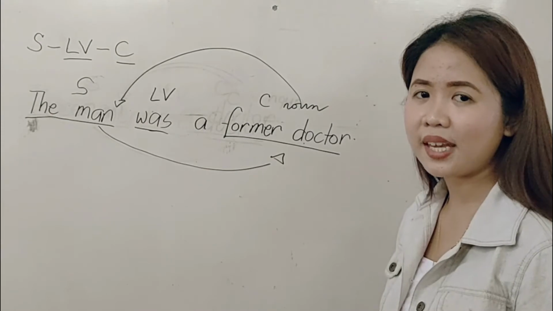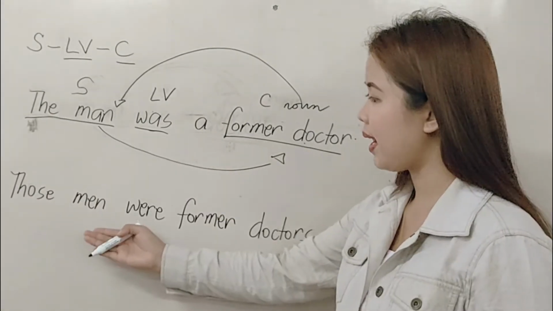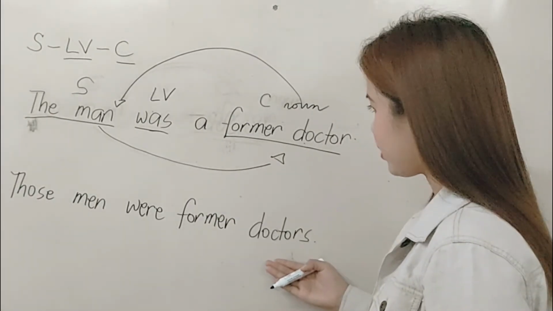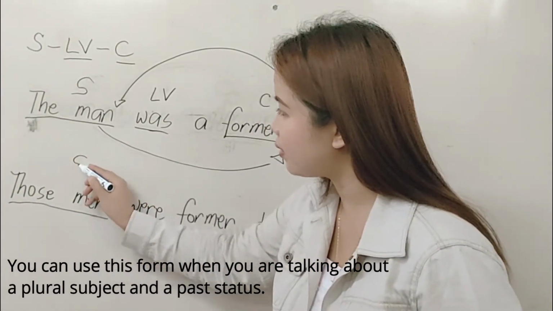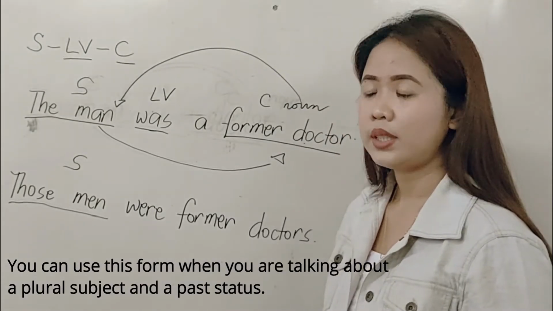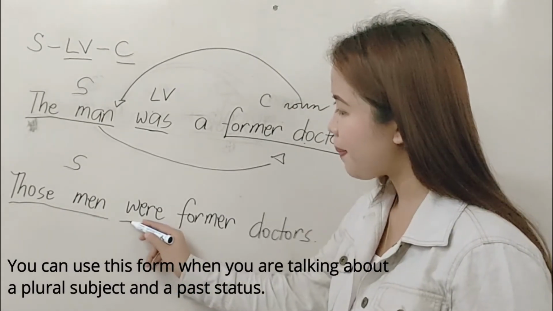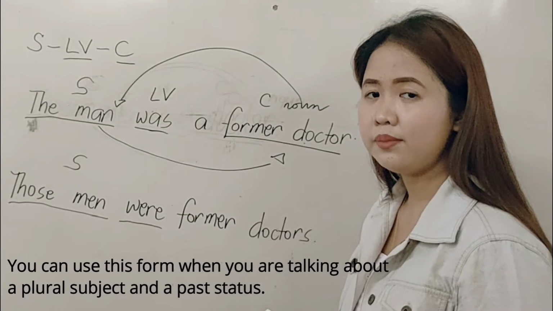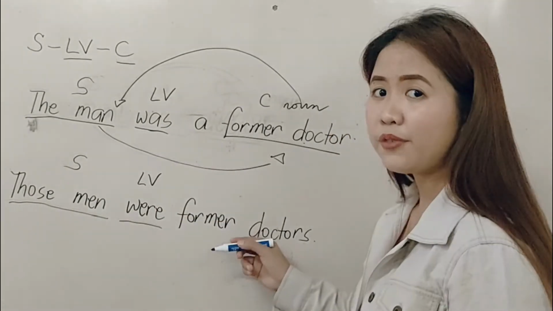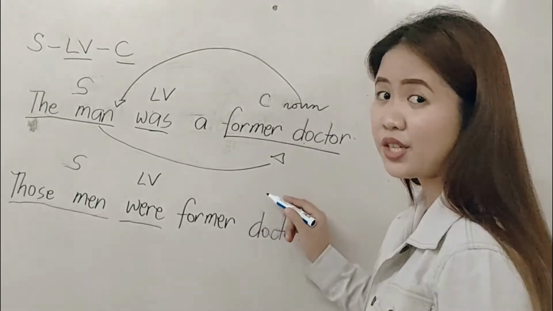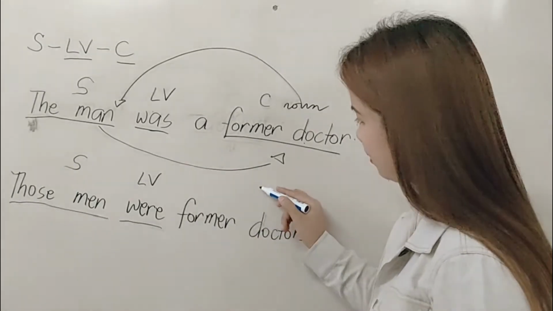Let's have the fourth linking verb. Those men were former doctors. We have a plural subject. We also have a past tense linking verb. The word former doctors also functions as a complement.